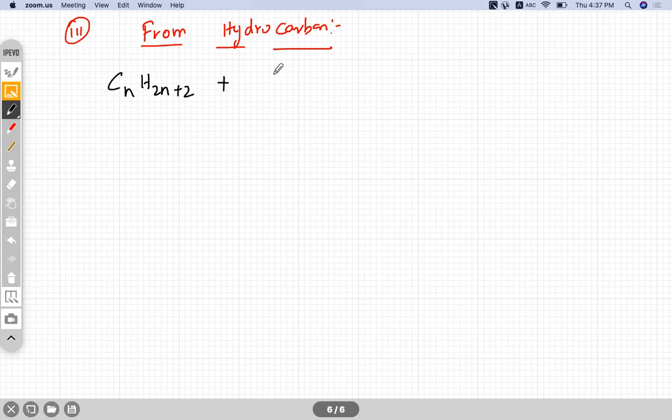When you react this with water, in the form of steam basically, it converts into CO and H2, partial oxidation. If it is not partial oxidation, then it gives you directly CO2 over here, right? The balanced reaction is n, 2n plus 1 divided by 2n plus 1.